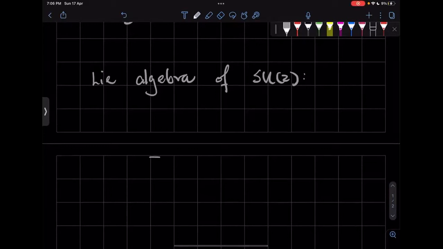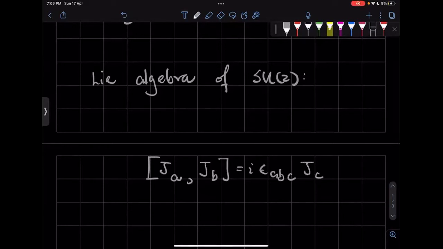Yeah, sorry. Okay, so it's traditional to use J because of the angular momentum connotation. So [J_A, J_B] is equal to i epsilon ABC J_C, where there is a sum over C, but since these indices take only 3 values, there is no sum, right?